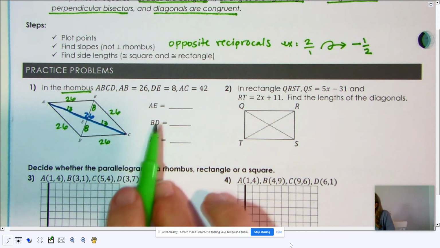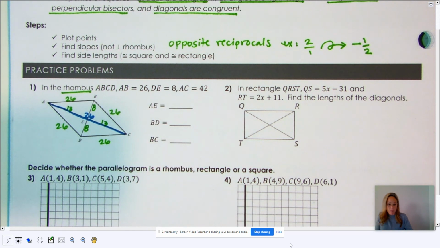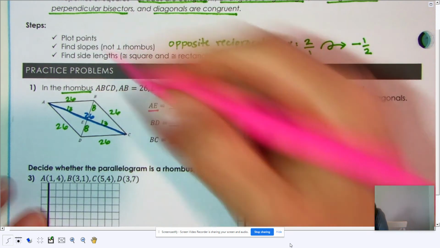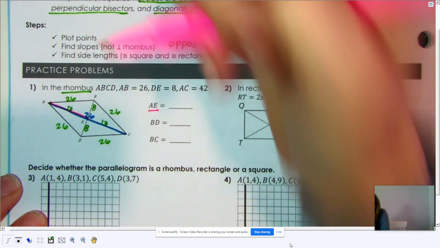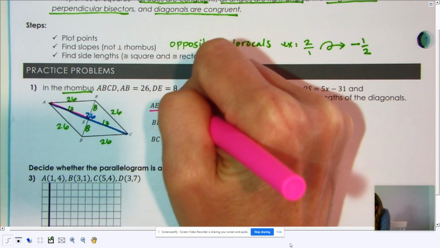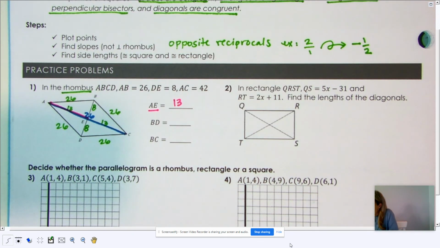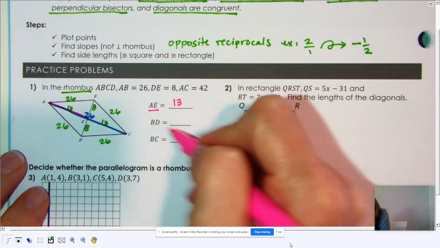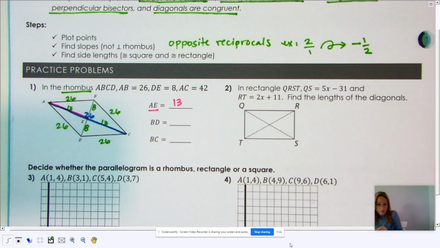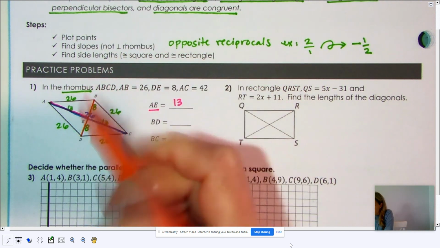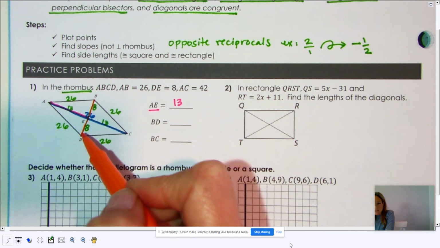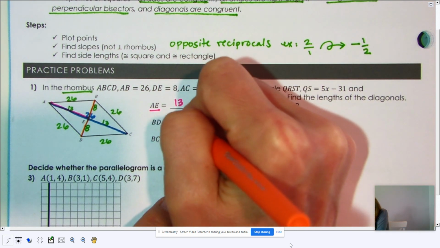Now I'm going to look for what I'm trying to find. From A to E, AE, I already wrote the answer, 13. Bam. From B to D, all the way across, part of that is 8, the other part is 8, so altogether that is 16.